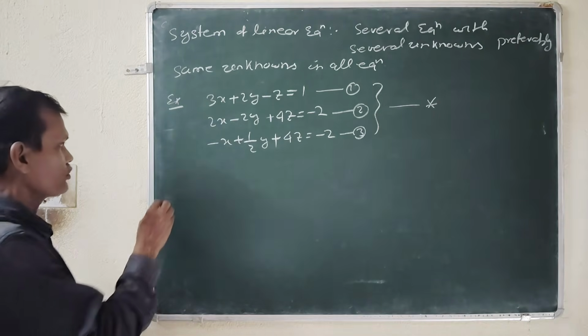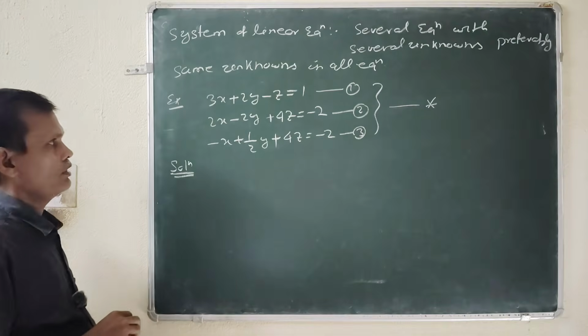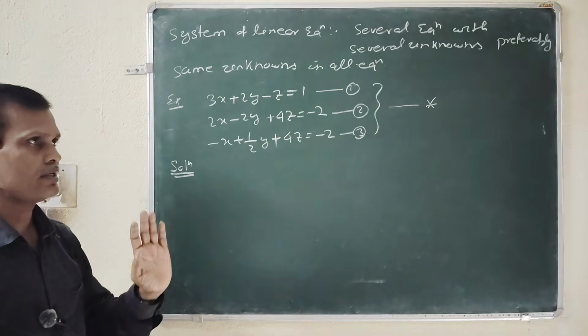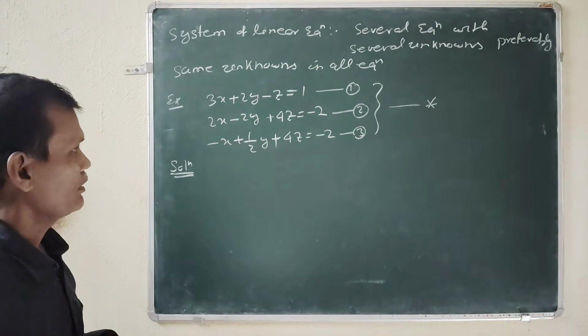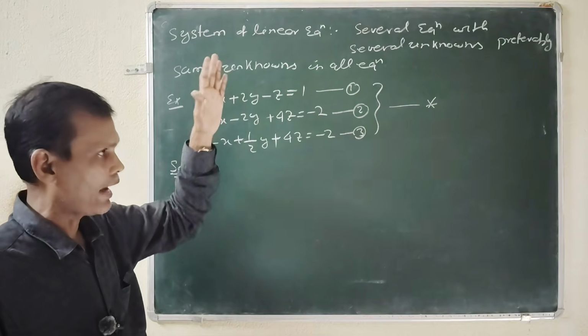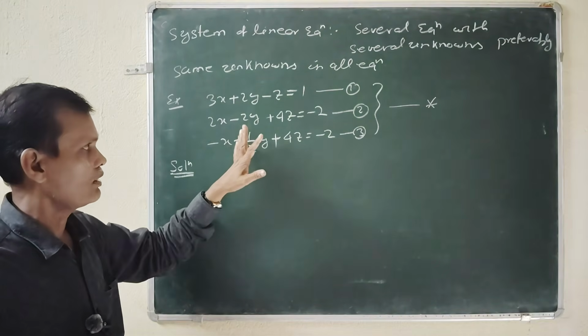And what about its solution? When we are given a system of equations, in every case we cannot guarantee that we will have a solution, right? And if the system of linear equations has a solution, then that solution must satisfy all the equations.